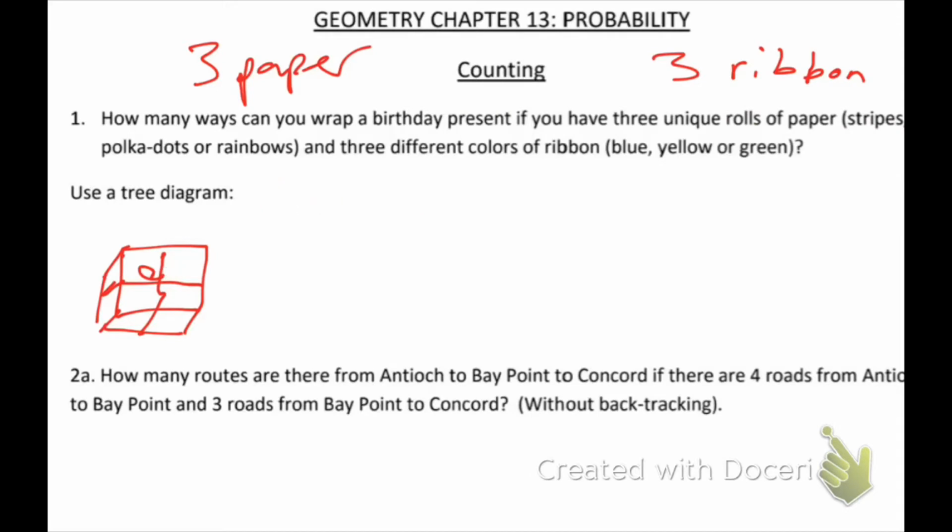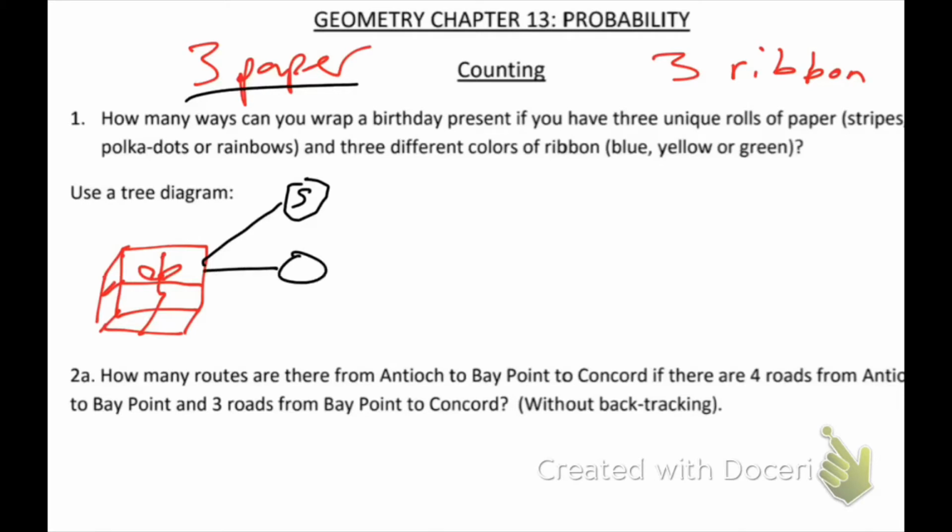Well, we're going to start by doing a tree diagram. So a tree diagram just draws a picture of the number of ways. So let's first start with the paper. So let's say that our first branch of the tree is stripes, S for stripes.